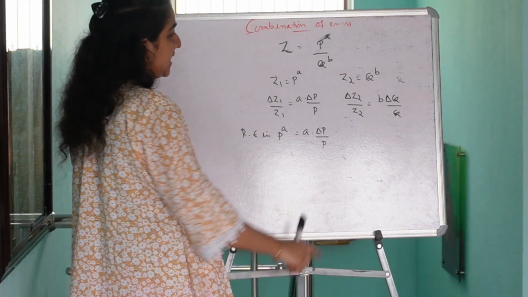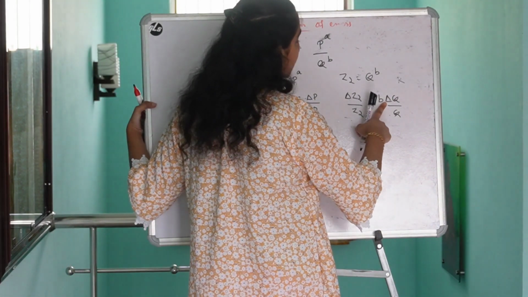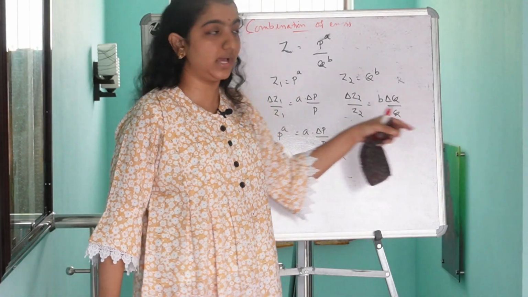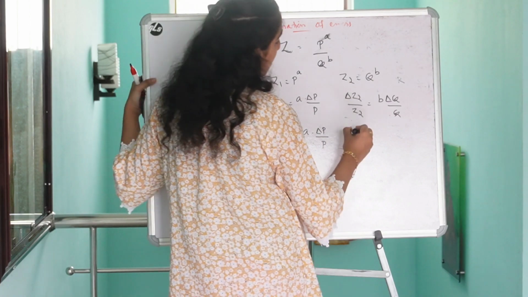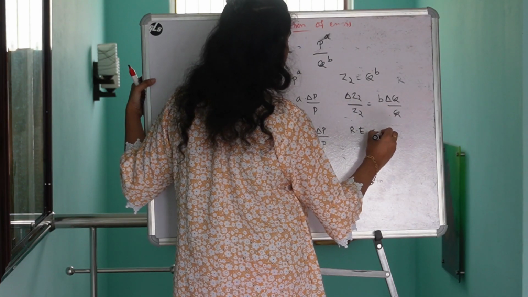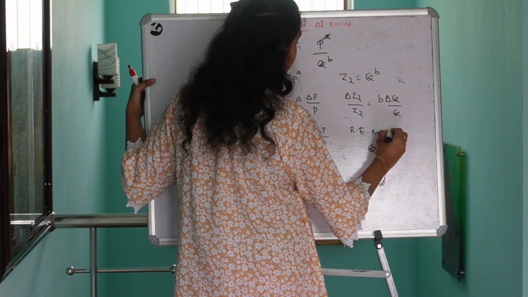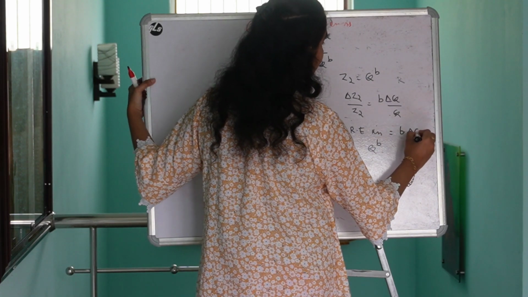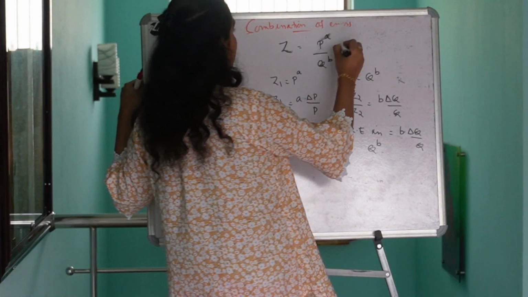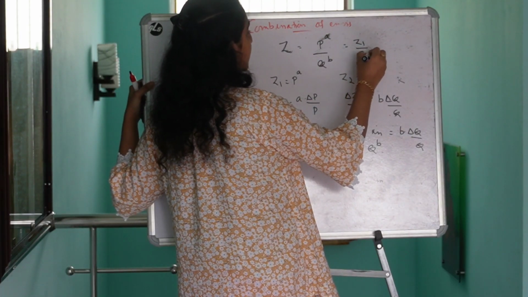Is it clear, guys? Error in the measurement of q divided by the actual value of q. Yes. Now, what is del z2 by z2? It is nothing but the relative error in q power b. Is it clear? So, b into del q by q. So here we can say z is equal to z1 by z2, isn't it?